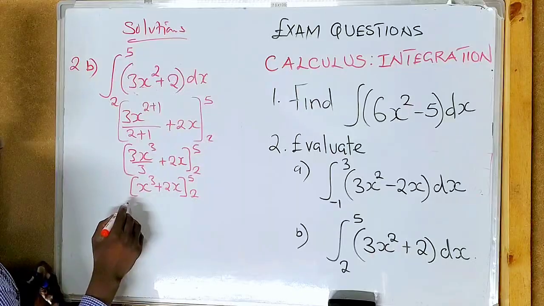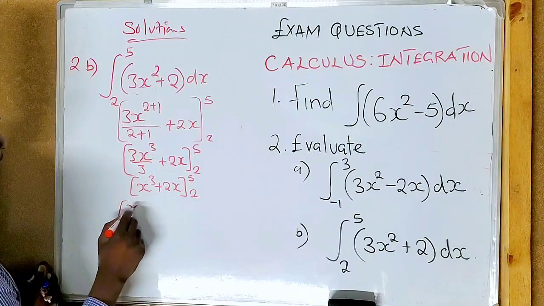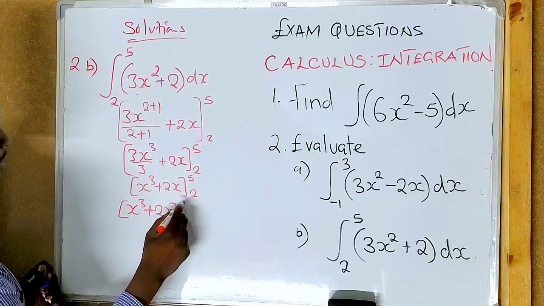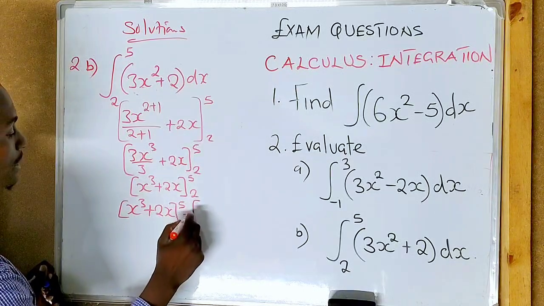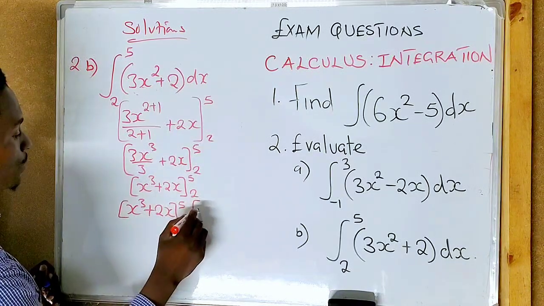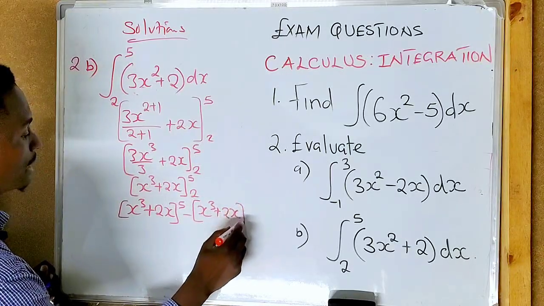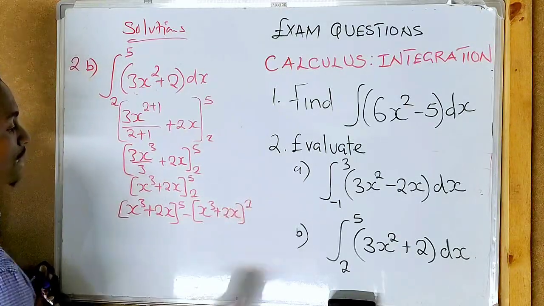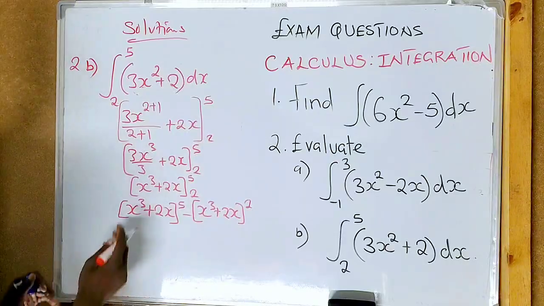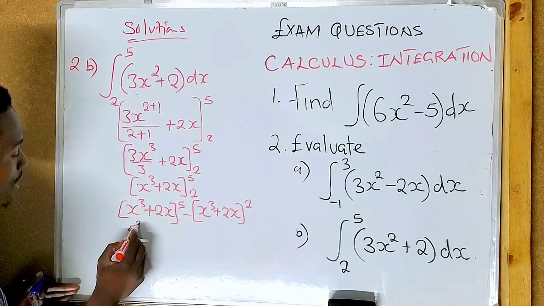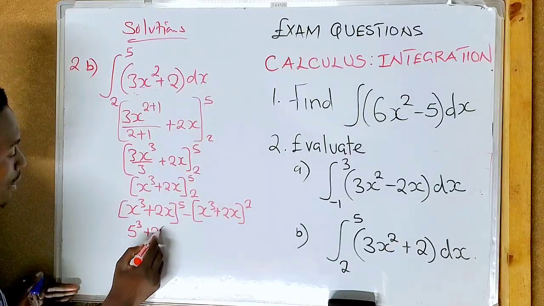This one will be x to the power 3 plus 2x at 5, minus the same expression, x to the power 3 plus 2x, using now the lower limit, which is 2. Let's substitute 5 where there is x.